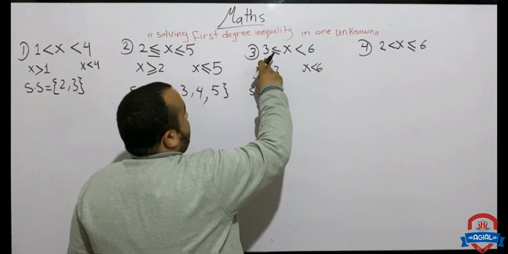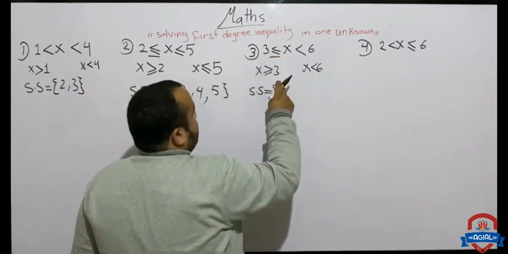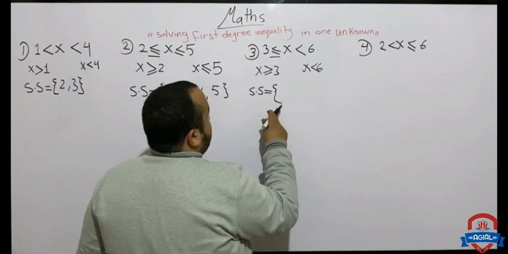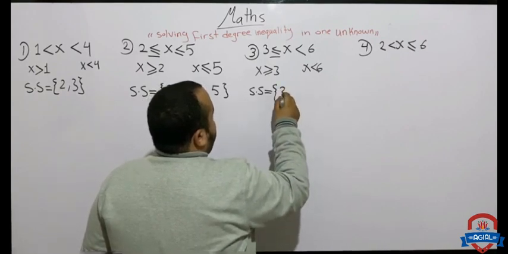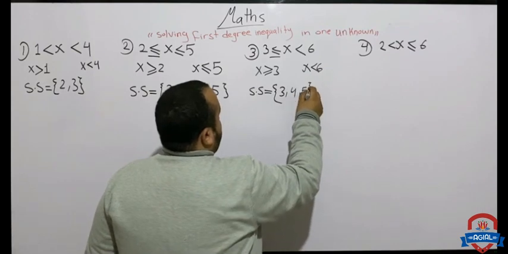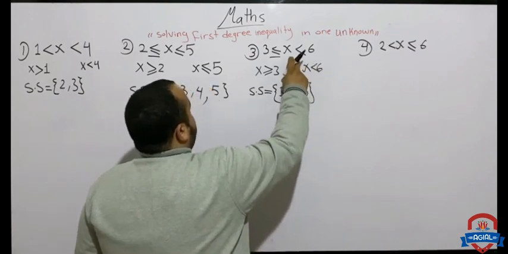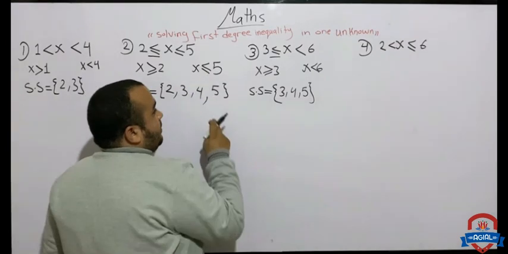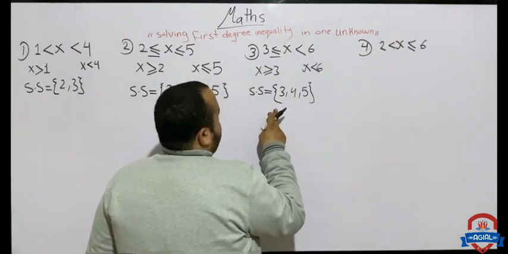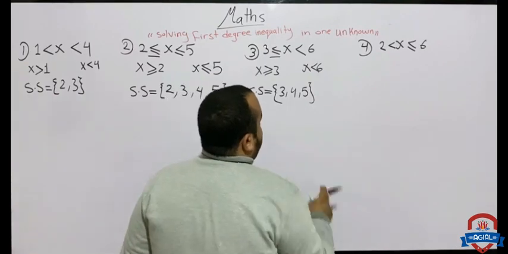And we take the number 3 because we have the equality sign. So the solution set equals the set of 3, 4, and 5, because we don't have an equal sign at 6, like the previous example.